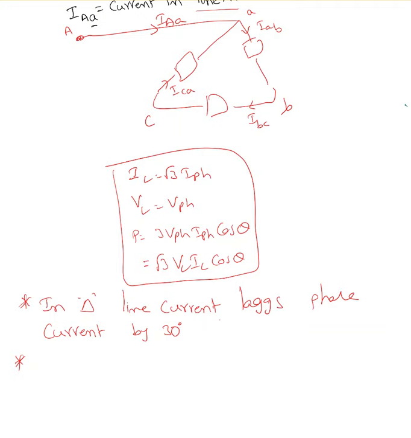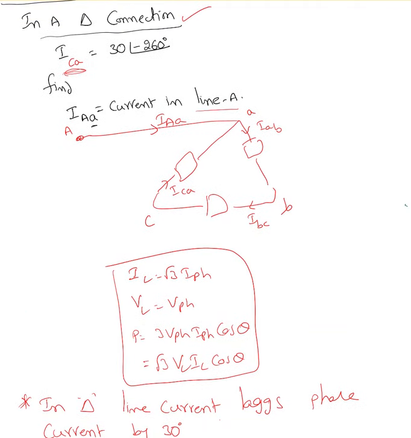So in this case, he gave us the ICA, and he's asking about the line current. So can we find IAB from this? ICA equal to 30 at an angle of minus 260. Now IBC equal to 30 at an angle of minus 260 plus 120.